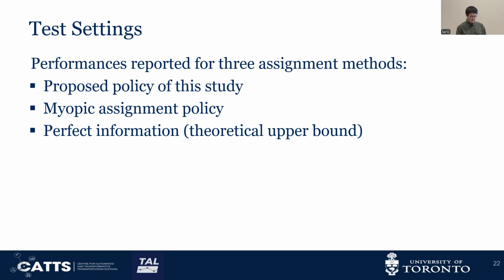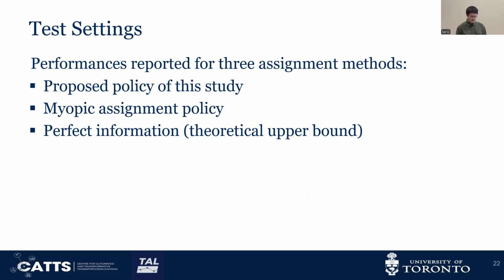And we test the performance for 3 assignment methods. First, we have the proposed policy of the study. Second, we devised a myopic assignment policy that tries to emulate what happens in the real world. And third, we have the perfect information.